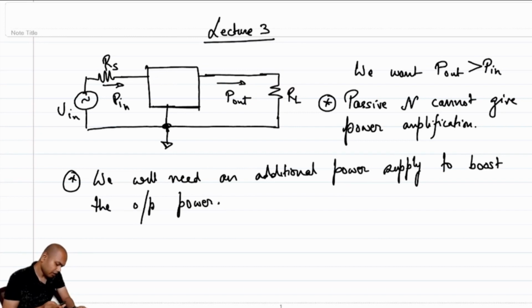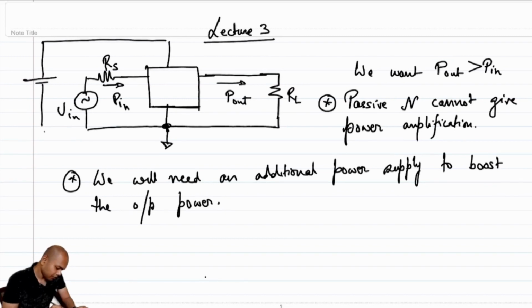So let's say I put an additional power supply, which means maybe it has a battery inside. Because this battery is supposed to give me some additional power, I will take the battery out. Let's say there is another additional port, and I take the battery out, and let's assume it is also referenced to ground.